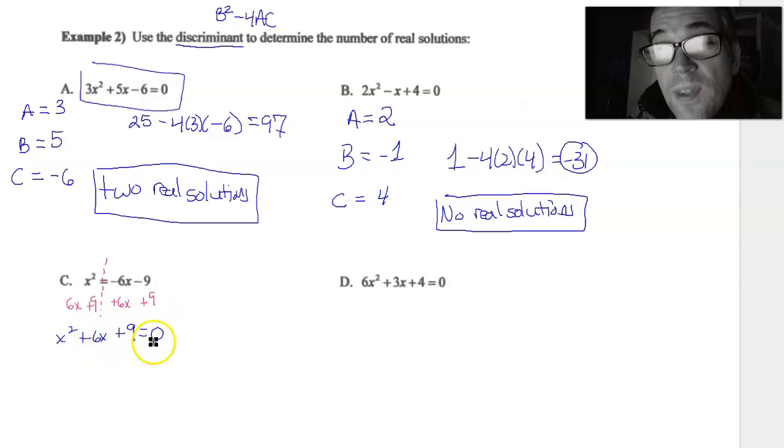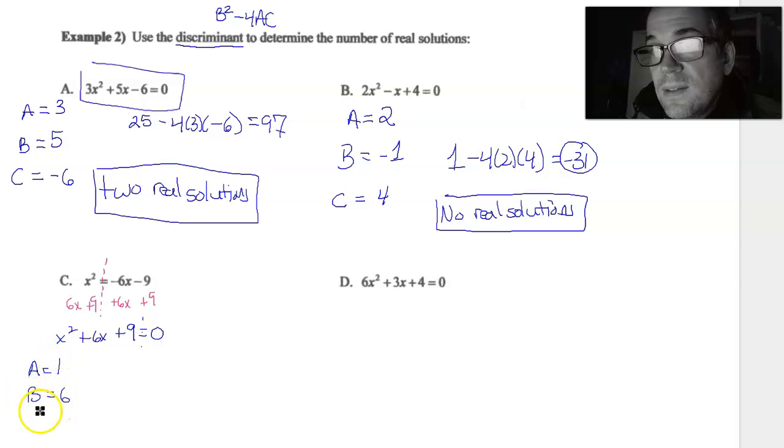It's very important that one side of the equation equals 0 before you start even trying to figure out what a, b, and c are, because that only works when one side equals 0. Now, x squared doesn't have anything in front of it, so we can assume there's a 1 there. b is going to be 6, and the number by itself is c. That's 9. b squared minus 4 times a times c.